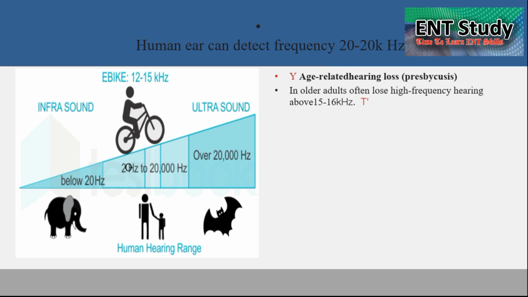In older individuals, there is often high frequency hearing loss above 15 to 16 kilohertz. This condition is known as presbycusis. This makes it harder for them to understand speech against ambient noise.